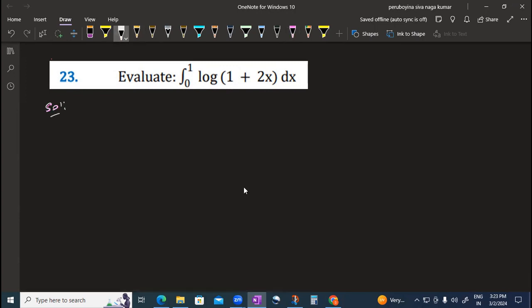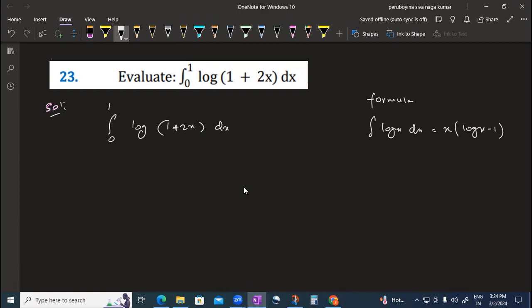Section B, 23rd question. Integral 0 to 1 log of 1 plus 2x dx. We know a formula: integral log x dx is equal to x of log x minus 1.